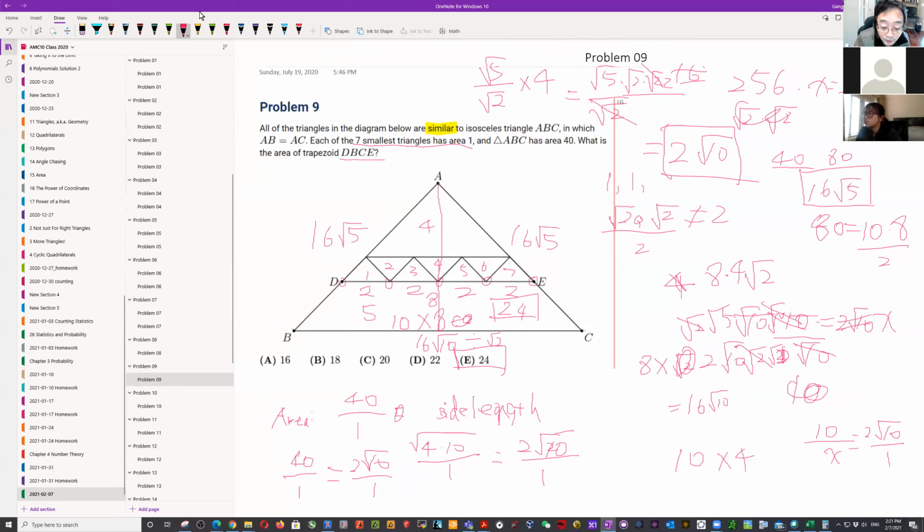The bigger triangle has area 40, and then the little triangle has an area of just 1.